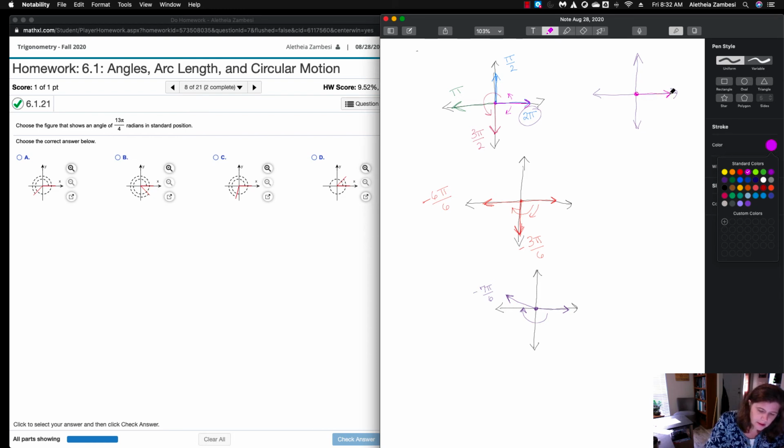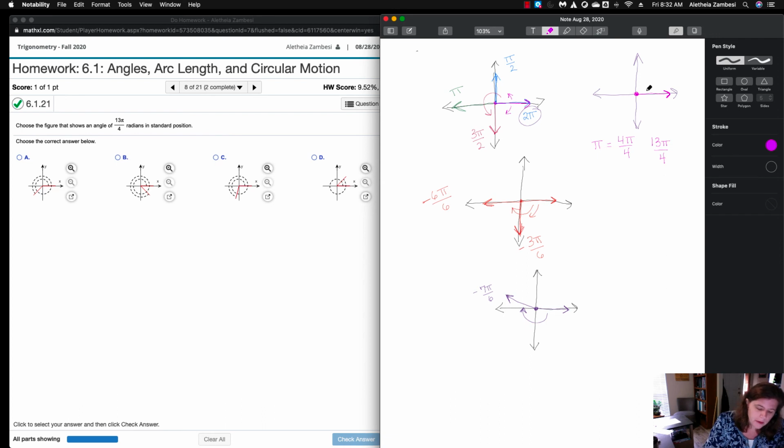Here is our initial position, and what we're looking for is 13 pi over 4. Now if I went to the 180-degree mark, pi is equal to 4 pi over 4. So I'm going to count these until we're just barely not high enough, and then we'll look for the extra pieces.